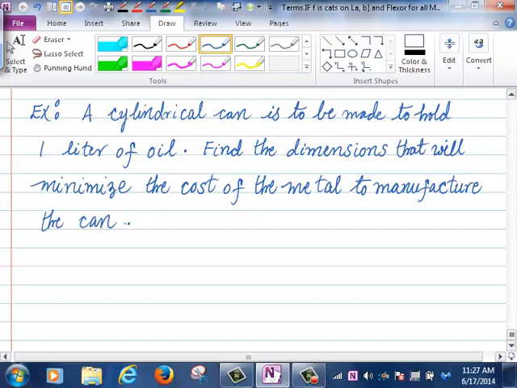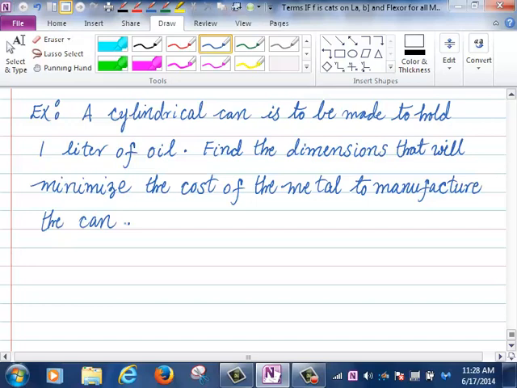Okay, this problem is asking us for the following. We have a cylindrical can. We have to make this cylindrical can to hold 1 liter of oil, and we are asked to find the dimensions of the can that will minimize the cost of the metal to manufacture the can.